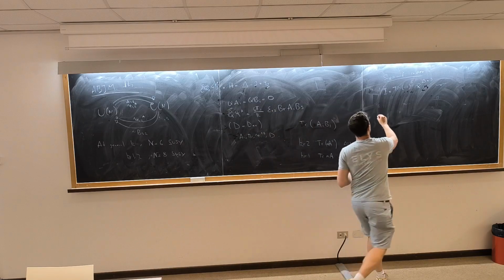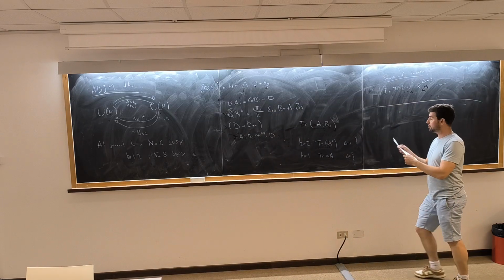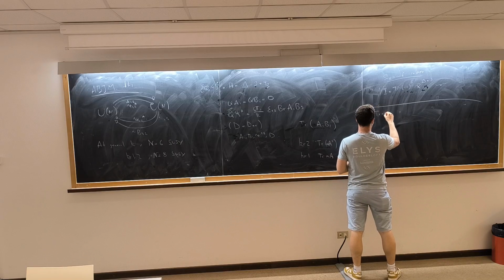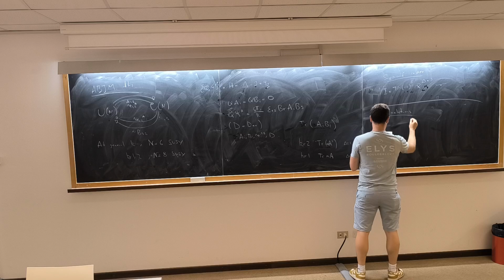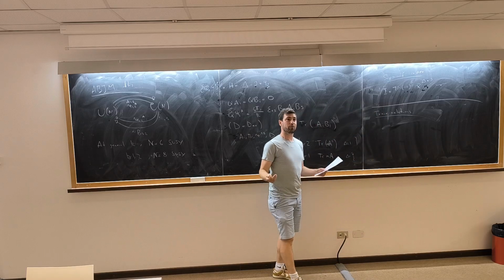Good. And the last ingredient, which is very important, are trace relations. I won't go higher than N equals 2 today, so it'll be very basic in terms of rank of the gauge group.